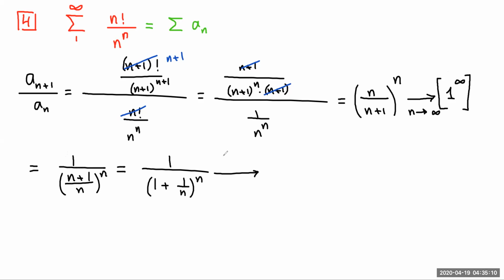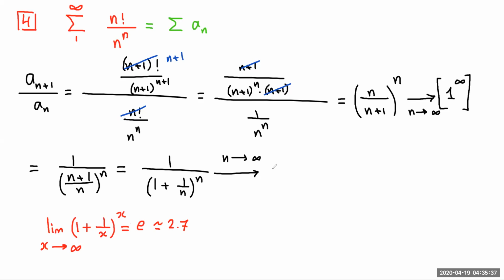Now, what is the limit of this term when n goes to infinity? We have a rule, if you remember, that the limit of 1 plus 1 over x power x when x goes to infinity, the answer is e, the Neperian number, nearly 2.7.